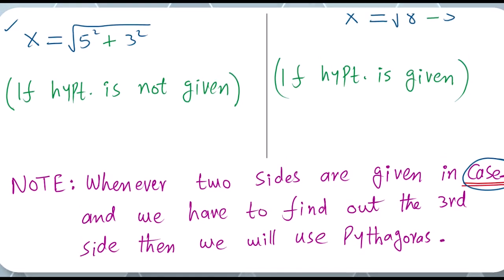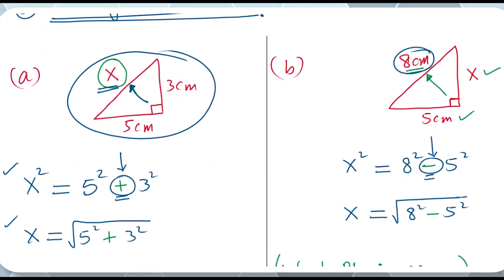Whenever two sides are given, this side and this side, and we have to calculate the third side, we use the Pythagoras theorem. If they give you the angle or ask for the angle, don't use the Pythagoras theorem in that case.